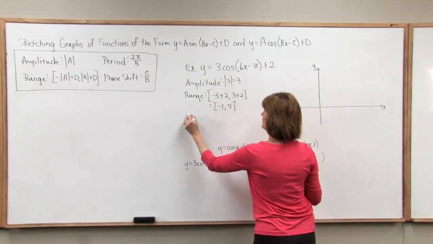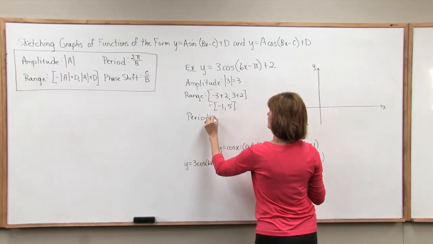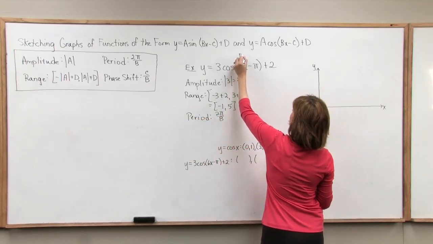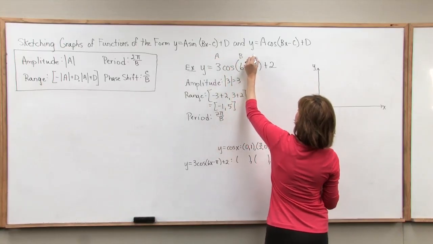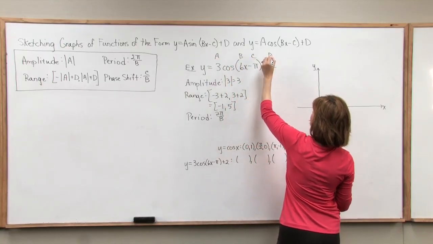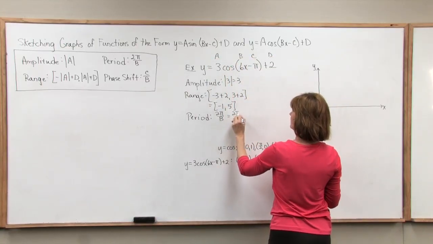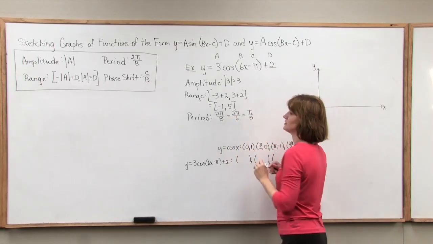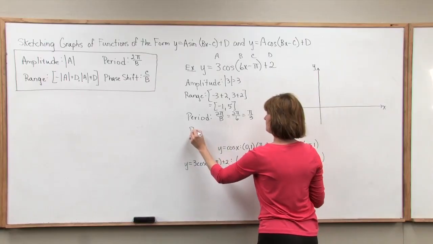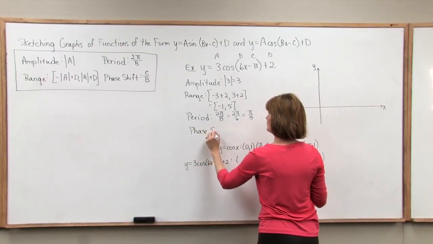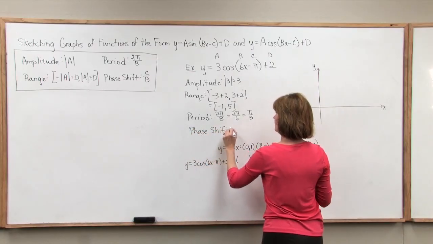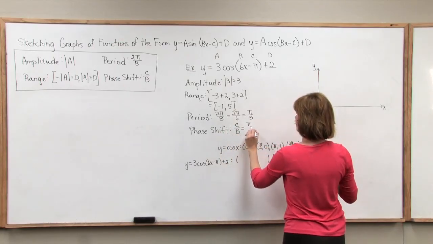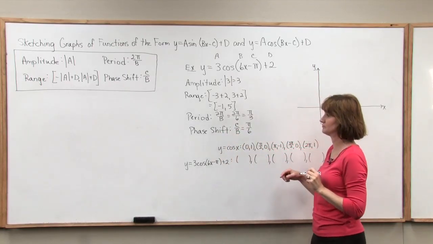The period is going to be 2 pi over b. Okay, so my b is 6, my c is pi, and my d is 2. So 2 pi over 6. My period is going to be pi over 3. And my phase shift is going to be c over b, so pi over 6.